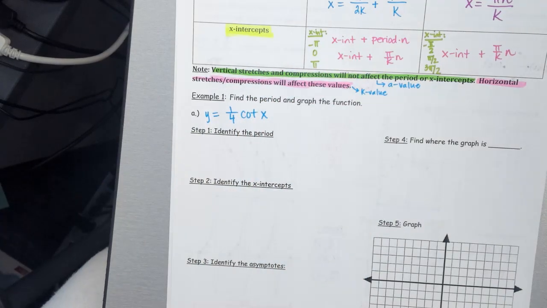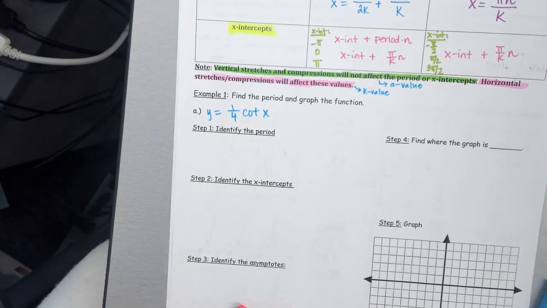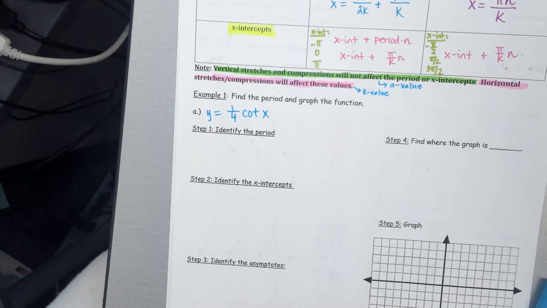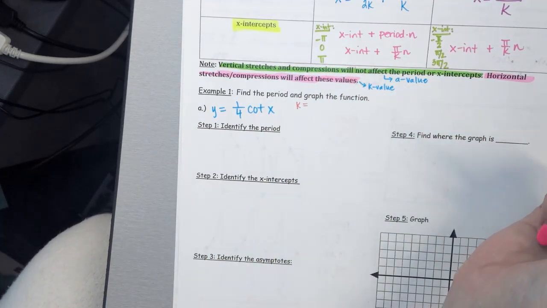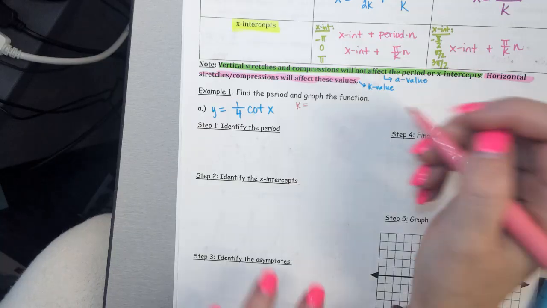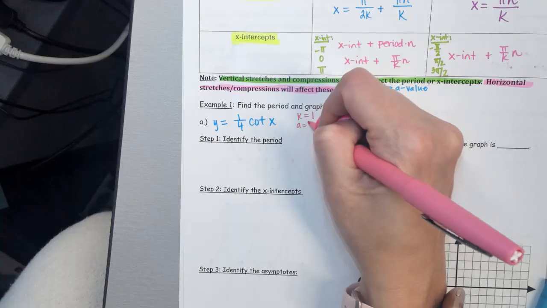So we have y equals 1/4 the cotangent of x. Do you know what kind of transformation that is? It's outside, so it's vertical. So if it's vertical, it's going to affect the y values. What's your value of k here? K is always in front of x. 1. Okay, so your k value is 1, your a value is 1/4.